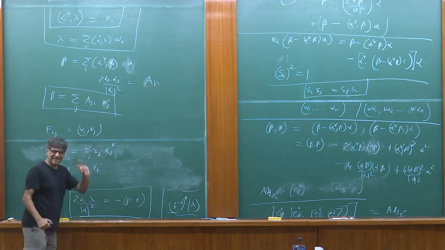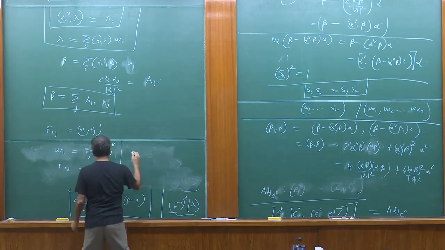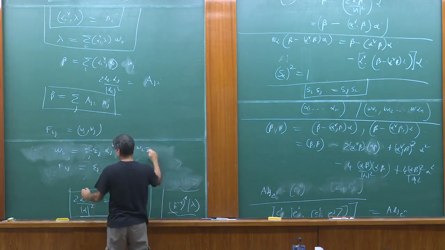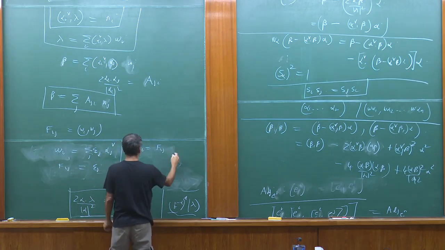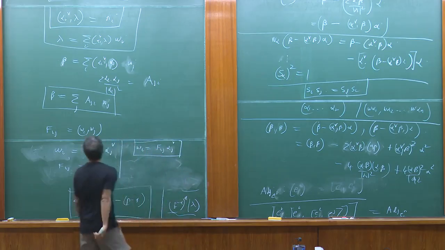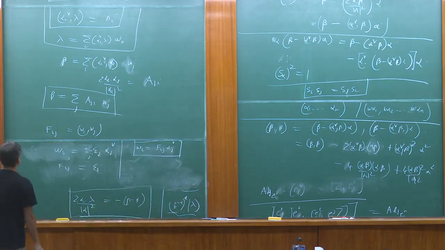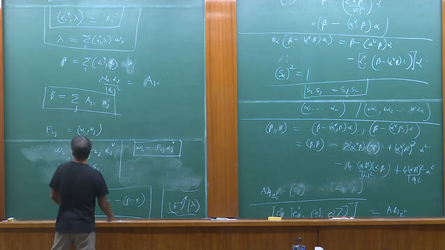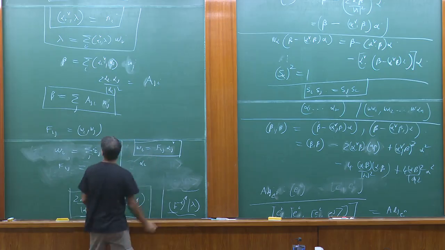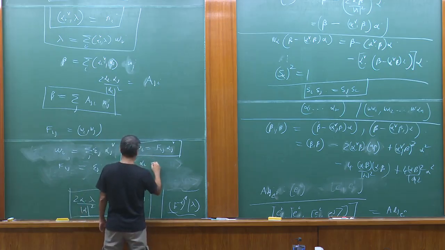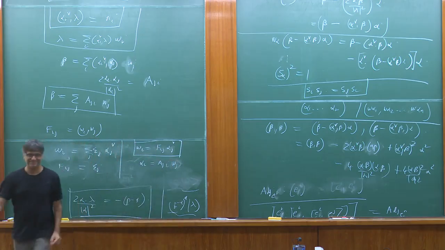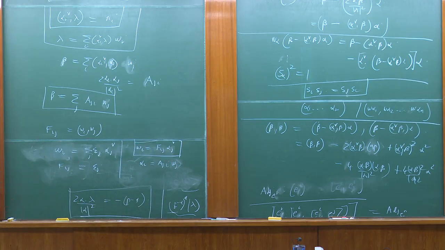So I get F_ij is equal to zeta_ij because of the orthogonality. And therefore, we find the following relationship: omega_i is equal to F_ij alpha_j vee. But we also learn from here that alpha_i, for any root, was equal to A_ji omega_j.